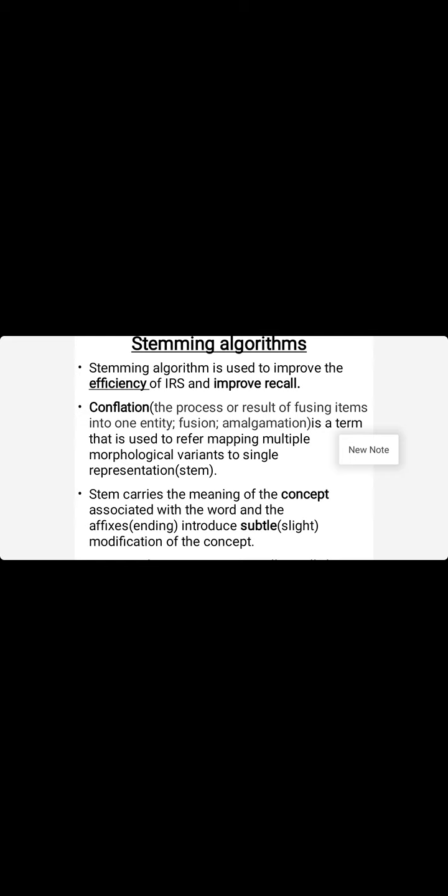Here stemming carries the meaning of the concepts associated with the word, and affixes introduce subtle slight modification of the concept. That is nothing but the starting and ending of a word. For example, take common words like connect, connected, connecting, connection, connections.